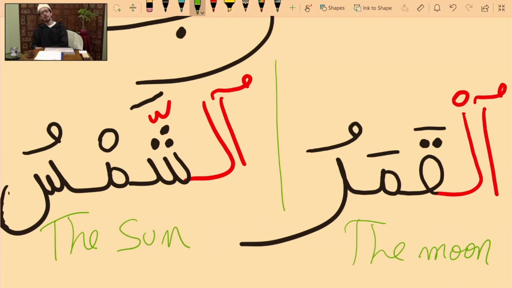And then in Arabic you have letters that are called lunar, moon-like letters, or following the moon, and letters that we call solar.